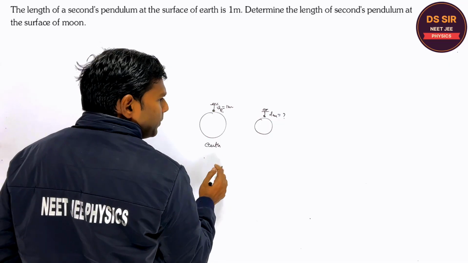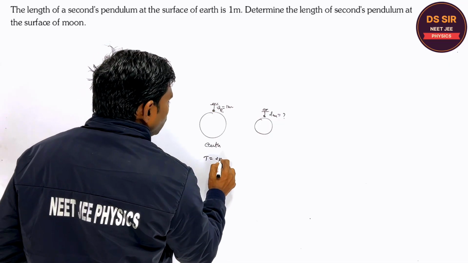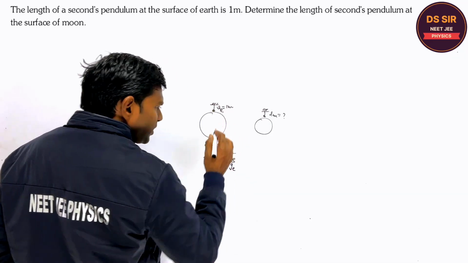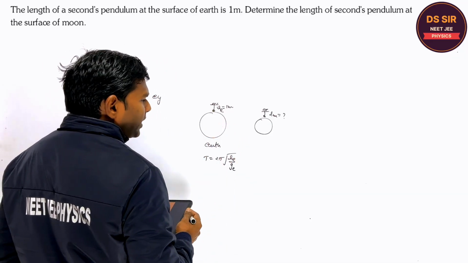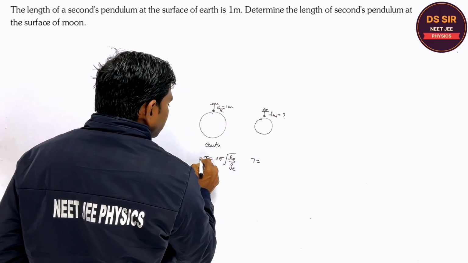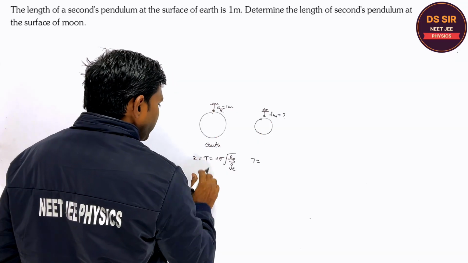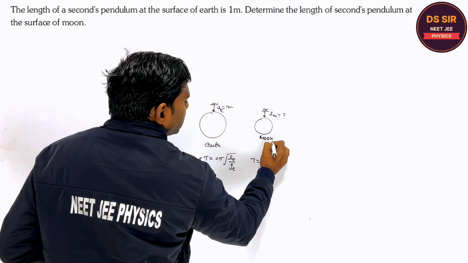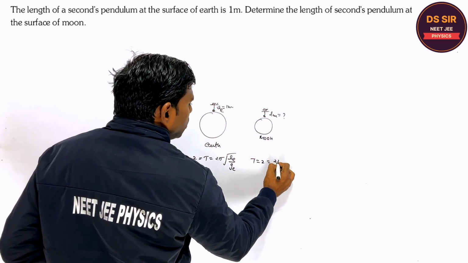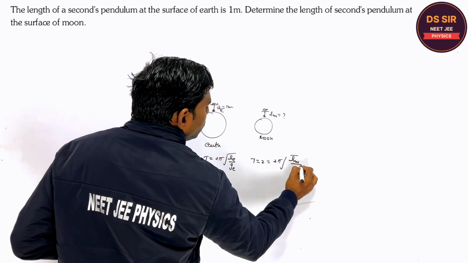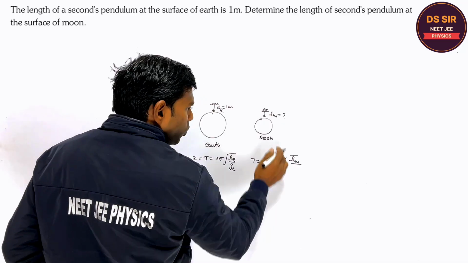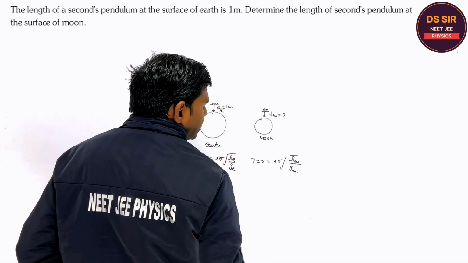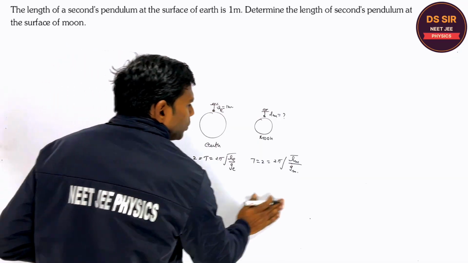One whose time period is 2 seconds. 2 pi root length of earth divided by g at earth, and it must be 2 seconds, right. So therefore at the moon also the time period must be 2 seconds, equal to 2 pi root length on moon divided by acceleration due to gravity at moon, right.